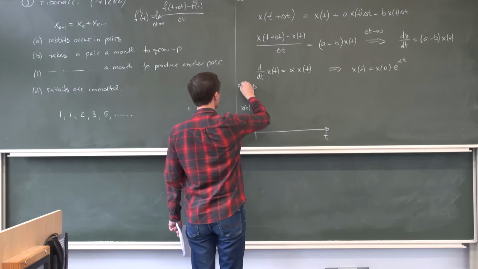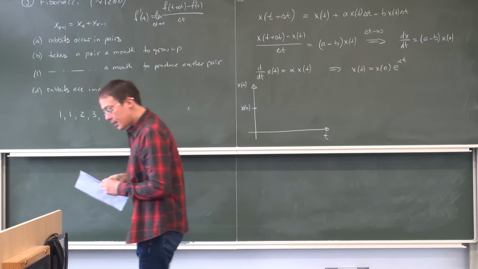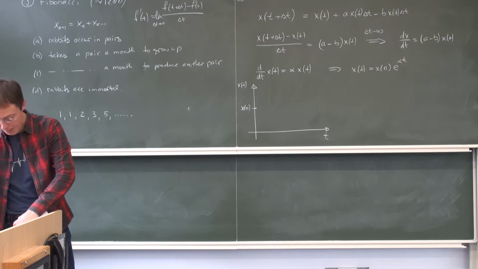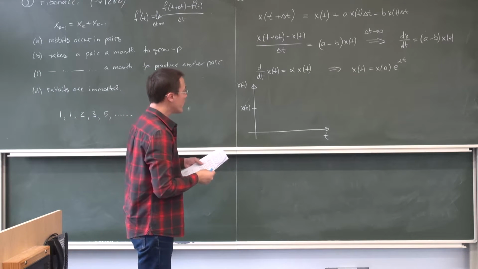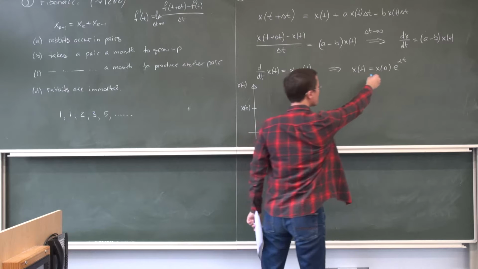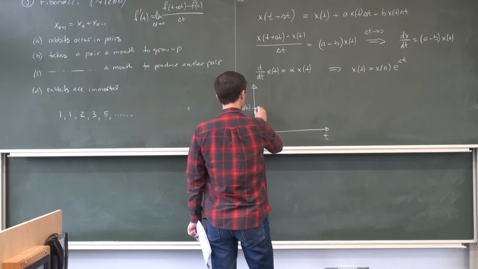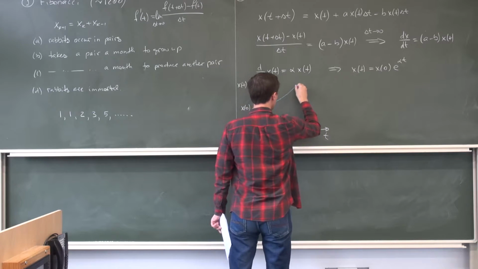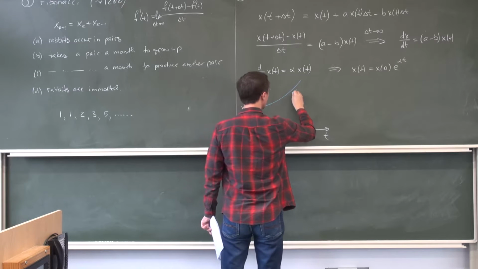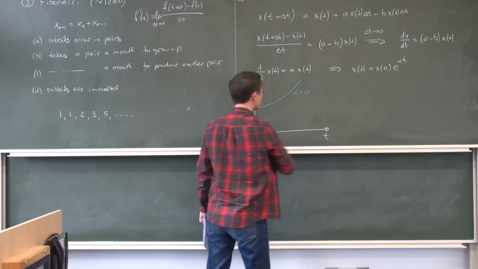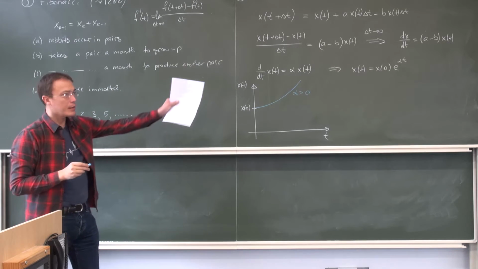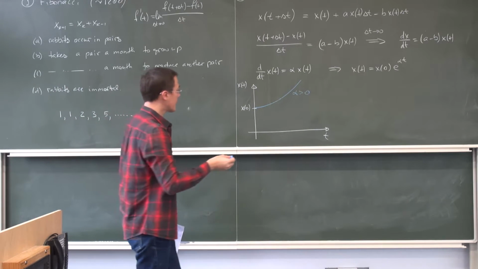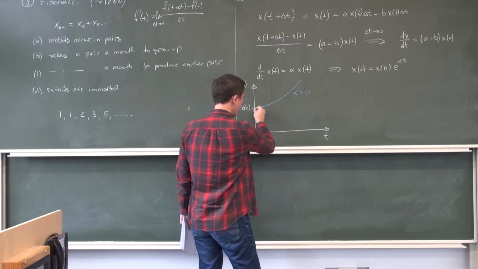Let's look at our x of 0 here, and this will be time, and this will be x of t. In the case where the Malthus coefficient is positive, we will have an exponential that just grows. So that goes up. And this is for alpha greater than 0. In situations where alpha is negative, we have the standard exponential decay.